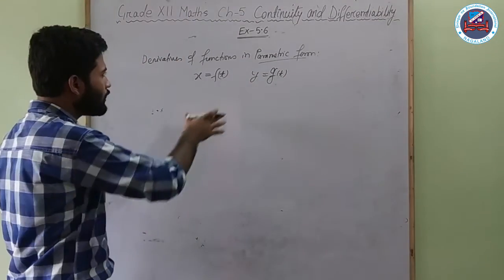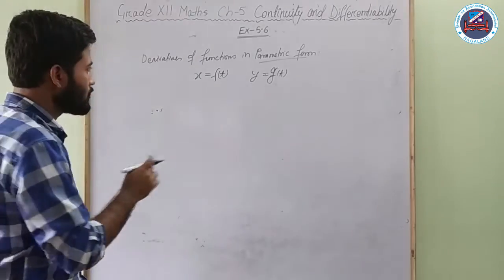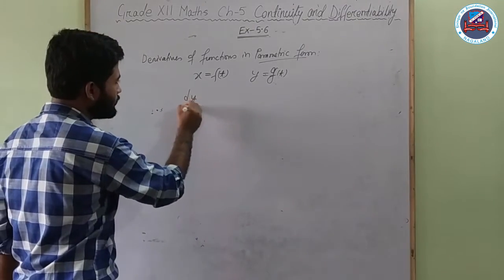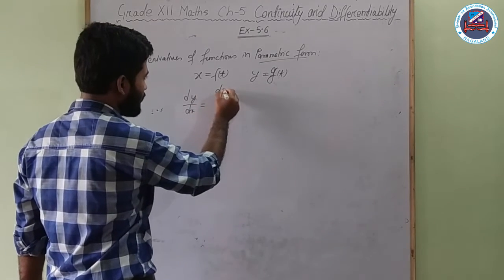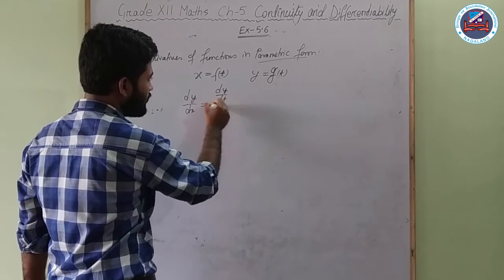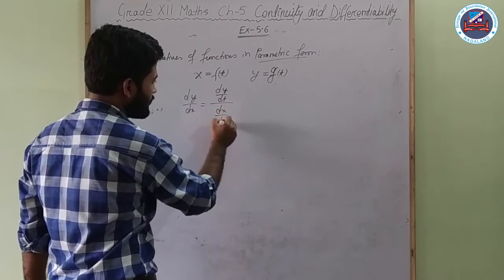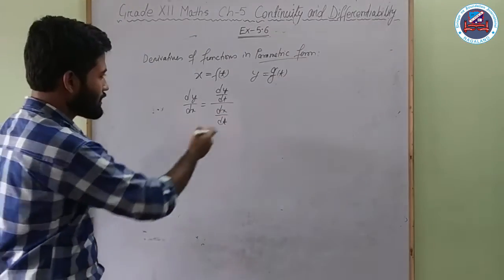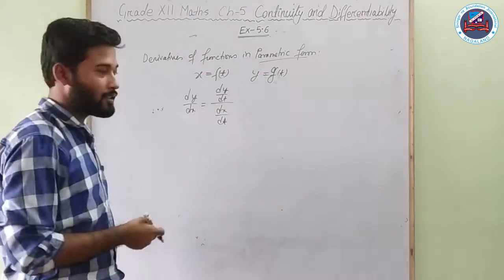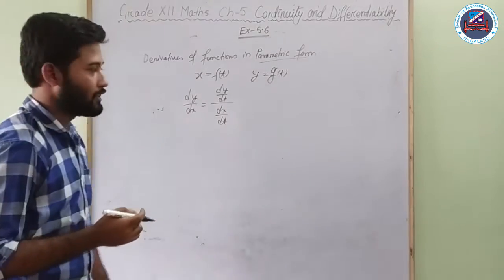Now, how to take the differentiation of that? If I want to find dy by dx, or d/dx of y, one option is that we can find dy by dt and dx by dt. In a very sensible way, if I cancel out the dt's, we shall get dy by dx, isn't it?